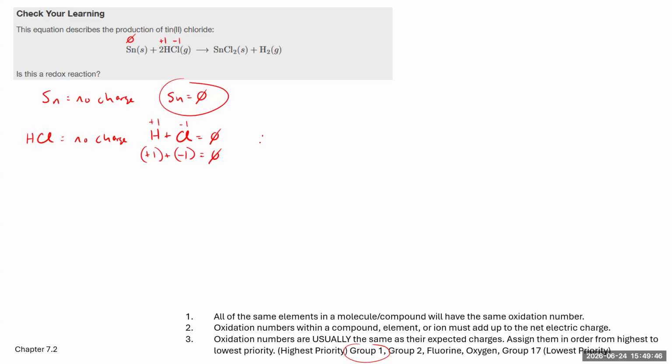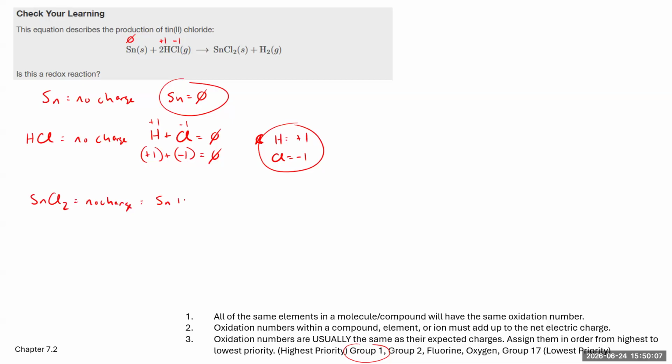All right, I'll put it over here. Hydrogen equals +1, chlorine equals -1.